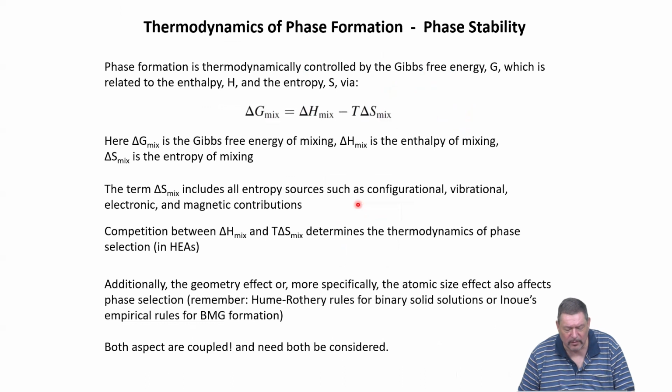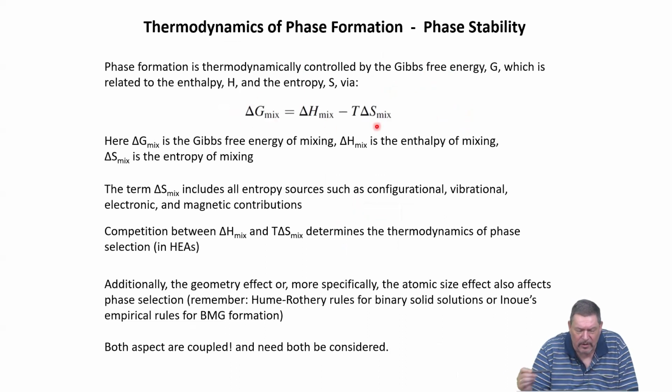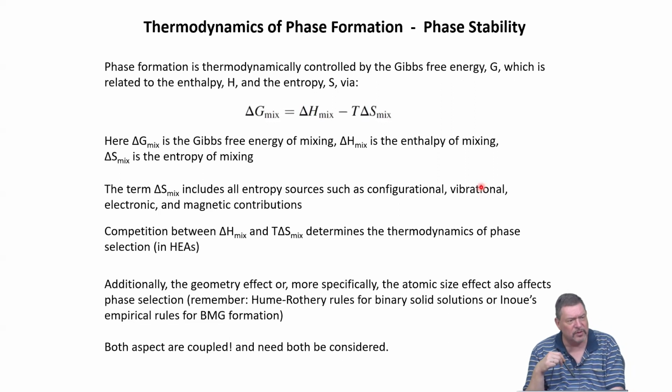So thinking of phase formation and phase stability, obviously this is the governing equation here, and we have discussed this already. In this term delta S mix, all these configurational, vibrational, electronic or magnetic contributions need to be taken into account.